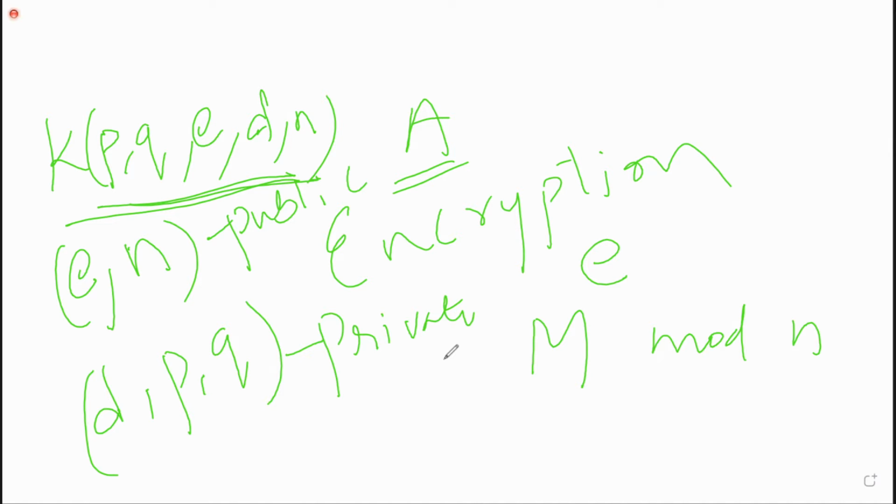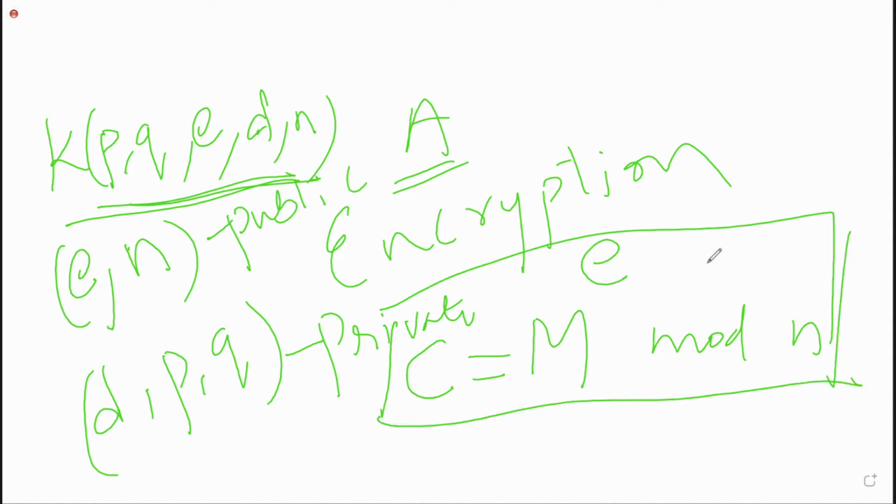Now the sender has to encrypt the message using this formula, M power E mod n. That gives the ciphertext.